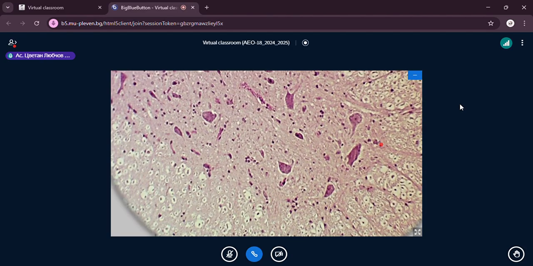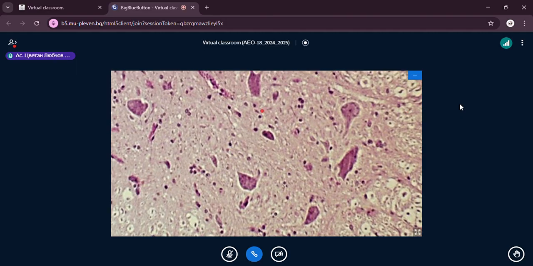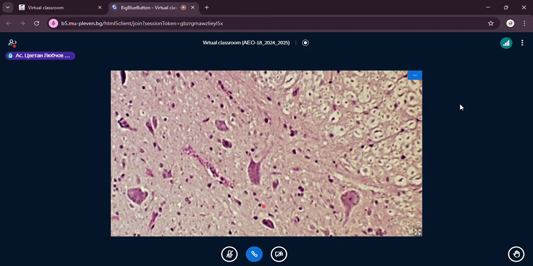Now, zooming in here, just give me a second to change to the hand tool in order to move it a little bit. Now, what do we see here? Those are the nuclei of the neurons. Since we don't see the bodies because they're very densely packed, we can orient according to the nucleus. For example, this nucleus has several spikes.